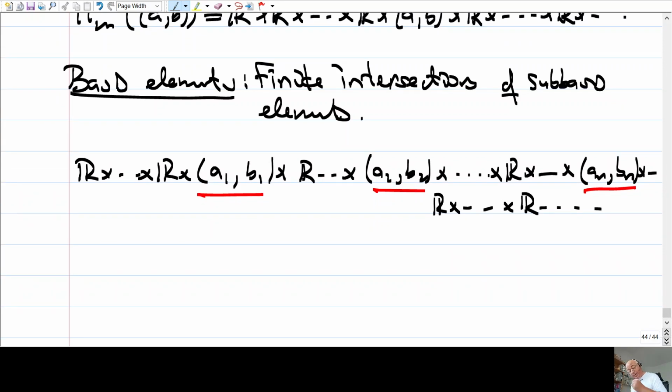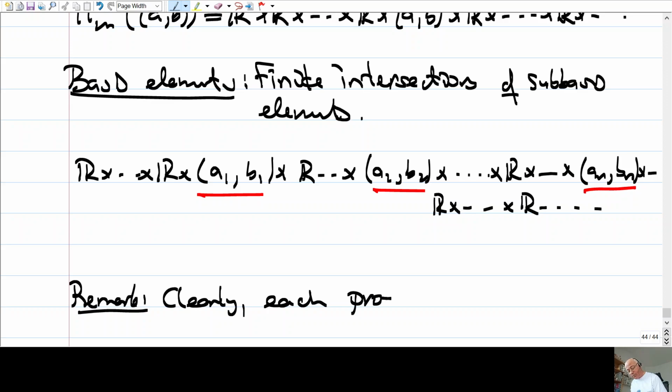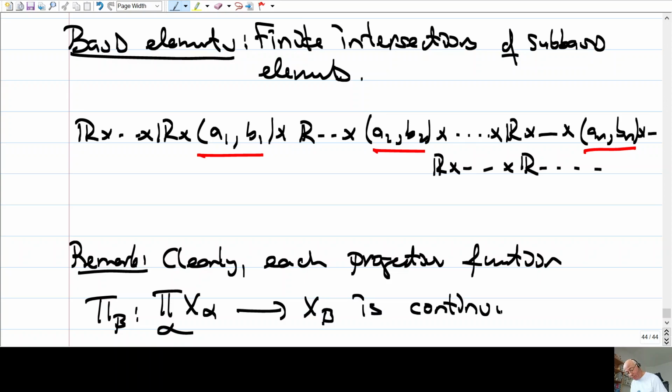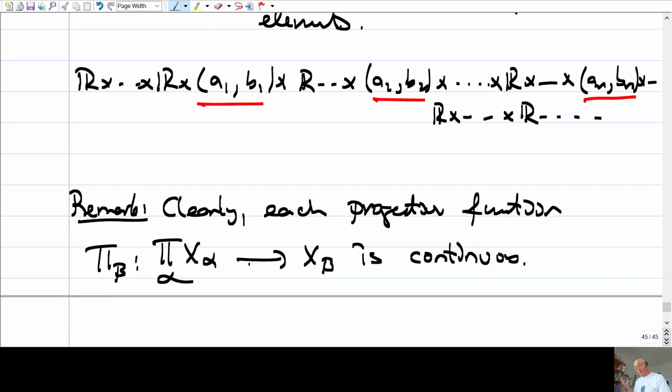Well, clearly note, as a remark, that each projection function pi beta from this product into X beta is continuous, because my sub-basis elements are nothing but inverse images of the open sets here, right?